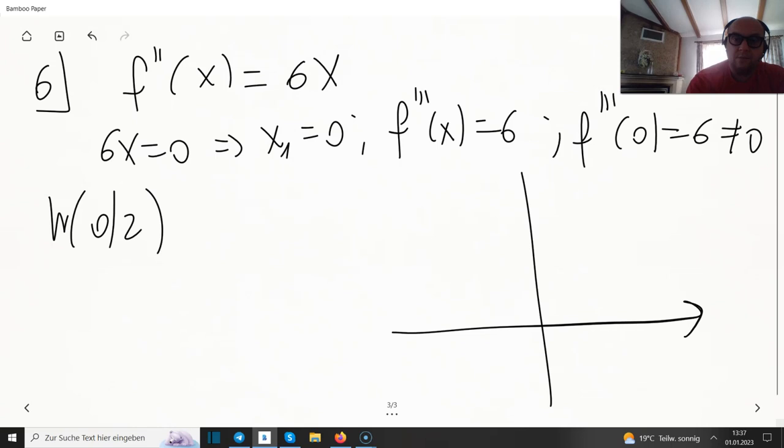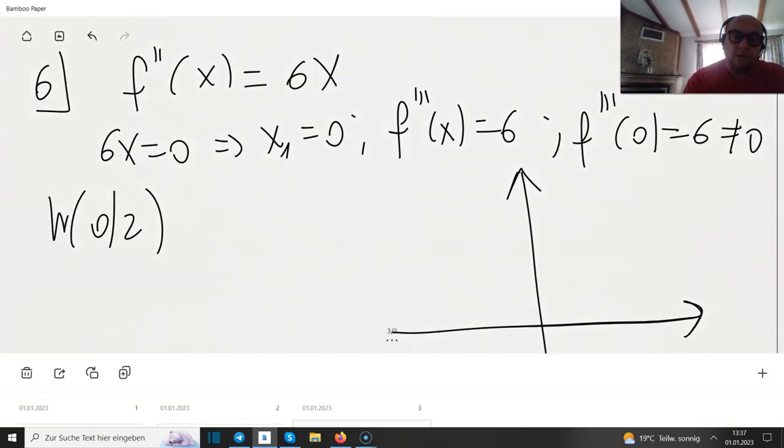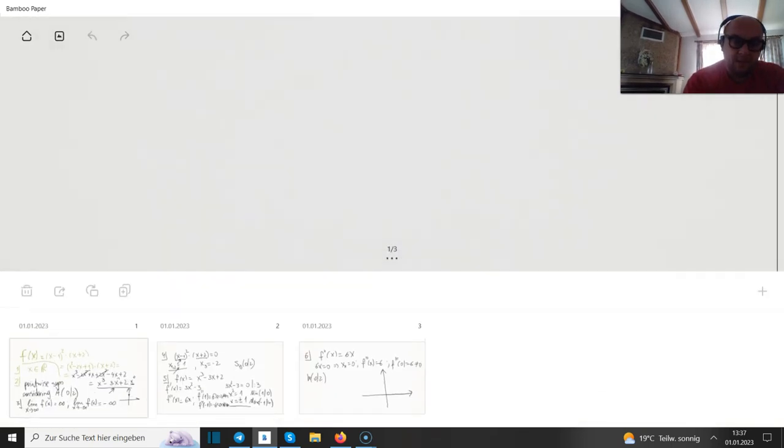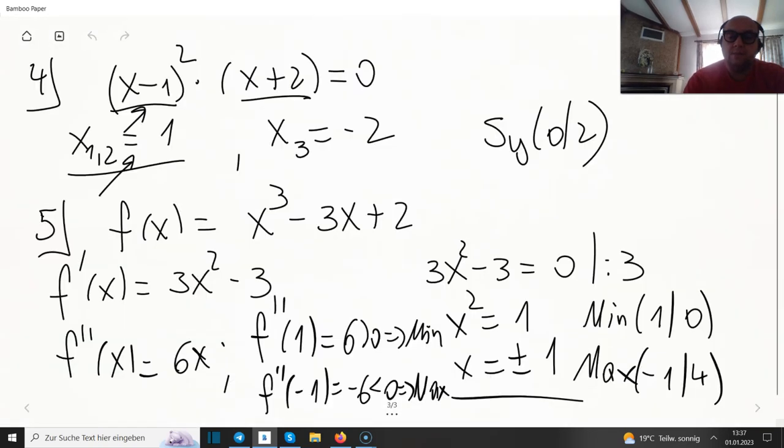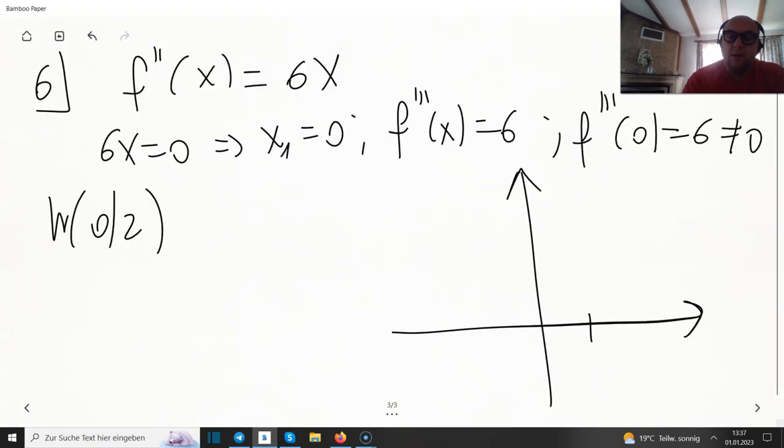I think so. So we started here. It was 1, a double zero point, and minus 2. 0, 2 is an important point as well, which is a point of inflection here.